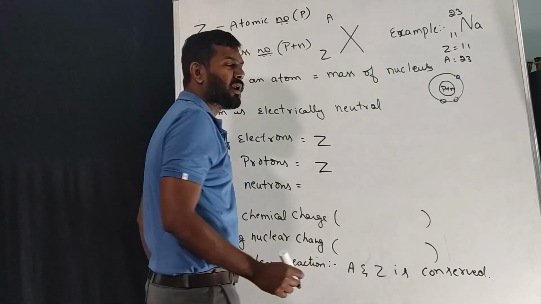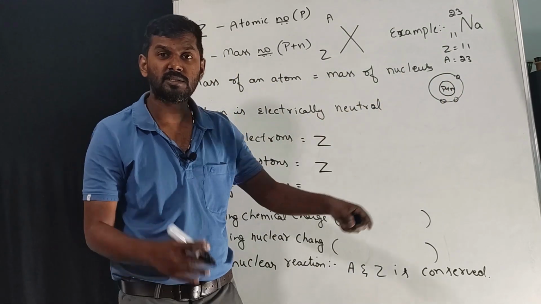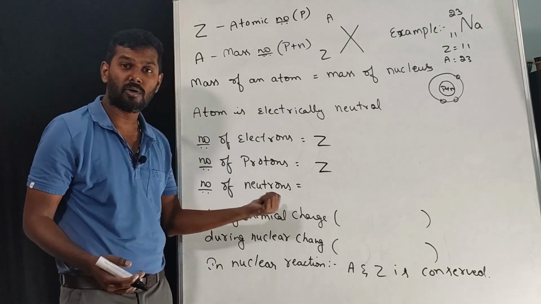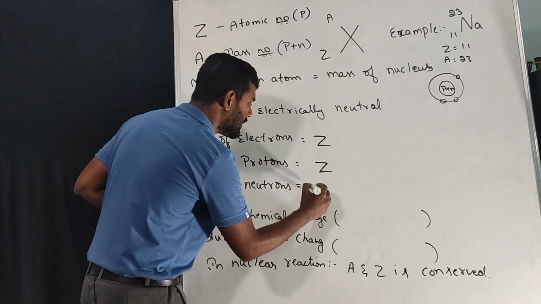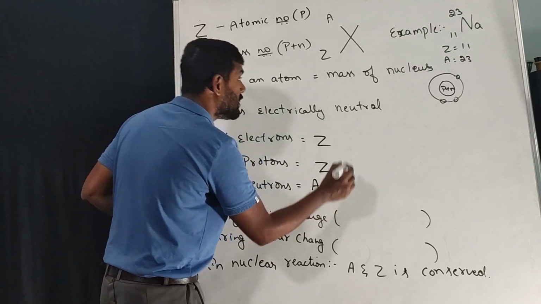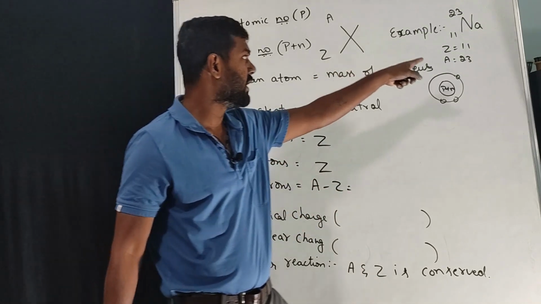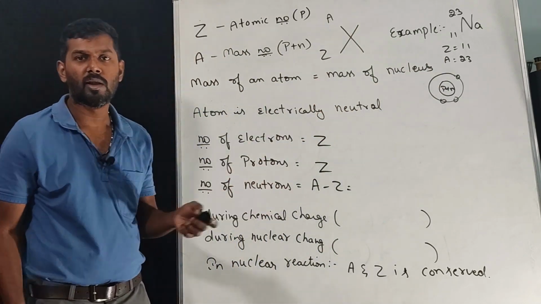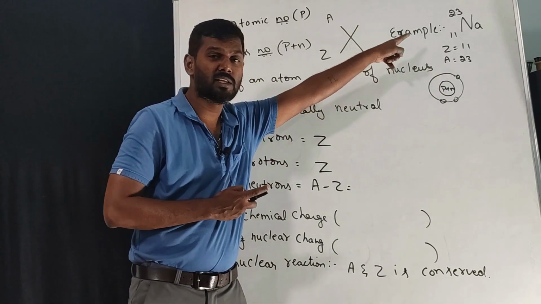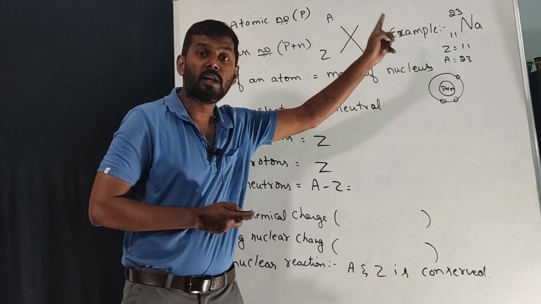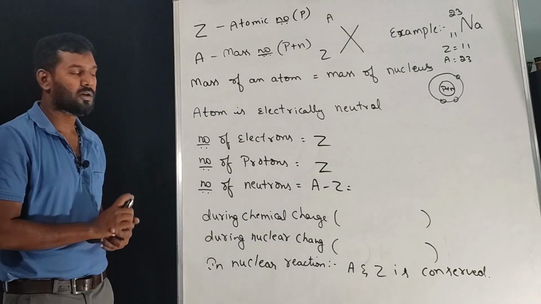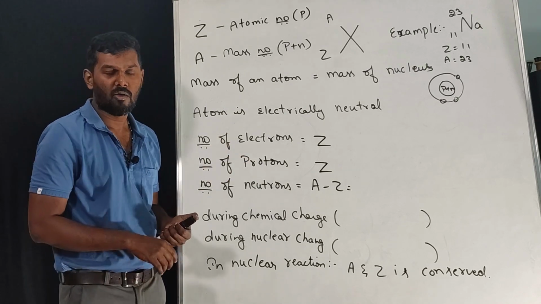Z represents the number of protons, A represents the number of protons plus neutrons. Then how can we find the number of neutrons in an atom? That is nothing but A minus Z. So here A is 23, Z is 11, 23 minus 11 is 12. So the number of protons in this example is 11, and the number of neutrons is 23 minus 11, which is 12. This is how we find the values.